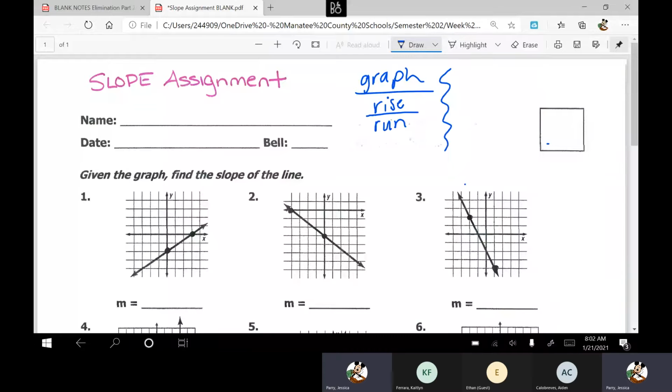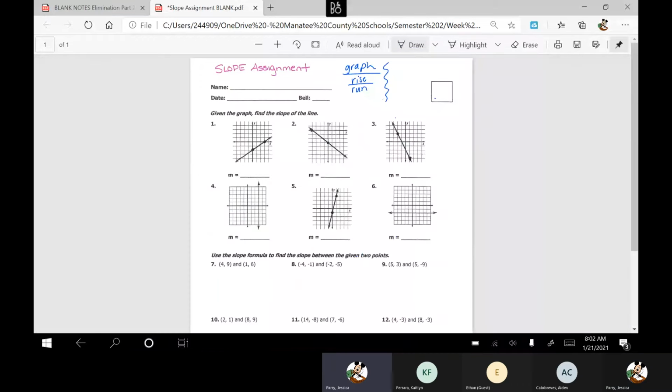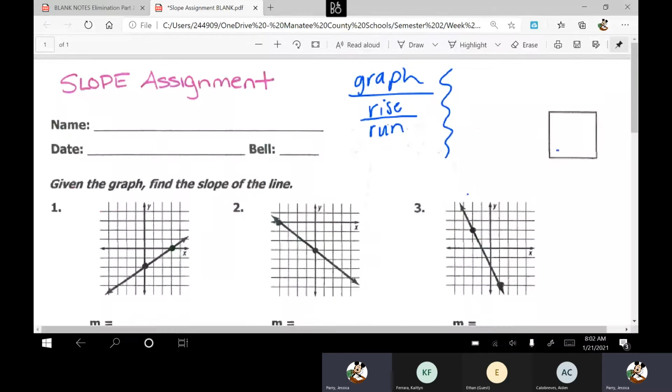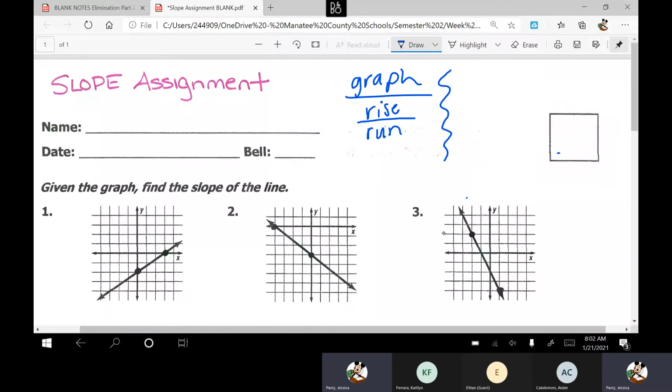And then also down at the bottom of the paper, we're going to need the slope formula from when you have 2 points.